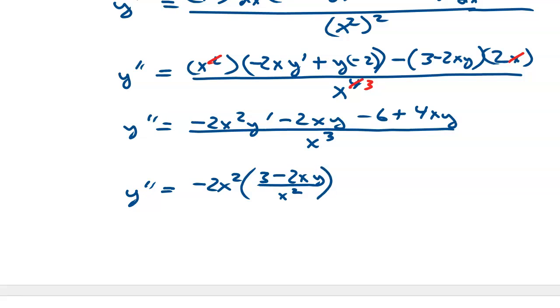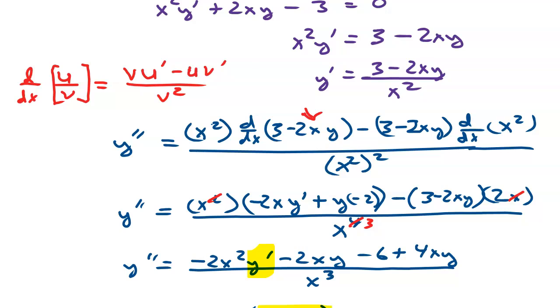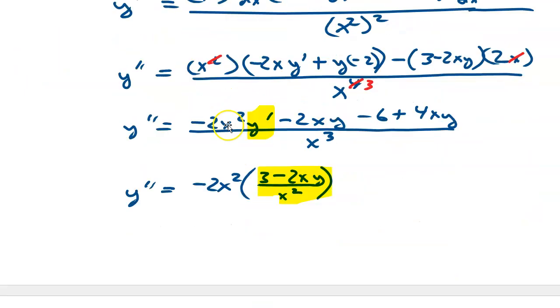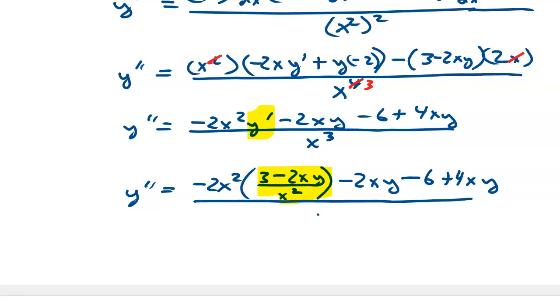So all I did was substitute in what we found above, right here, for the y prime. All right, then we have minus 2xy minus 6 plus 4xy all over x cubed.